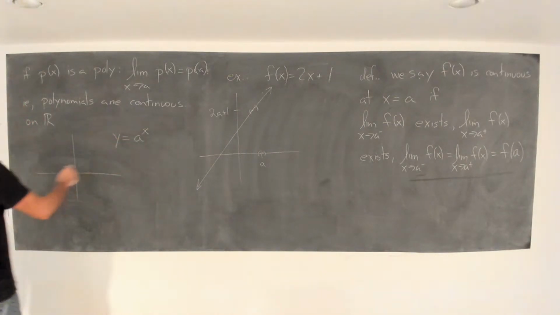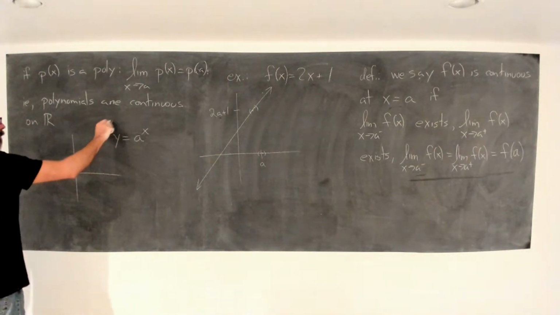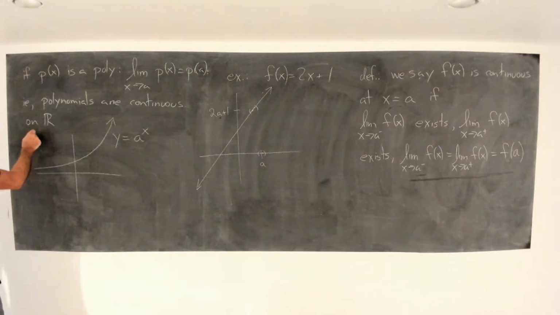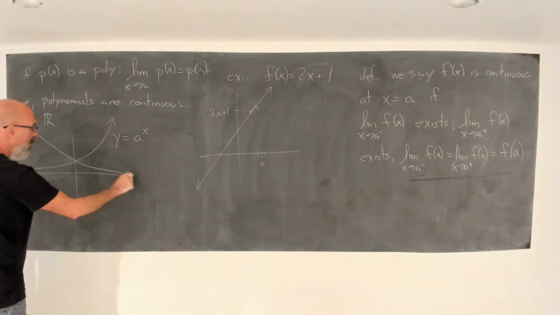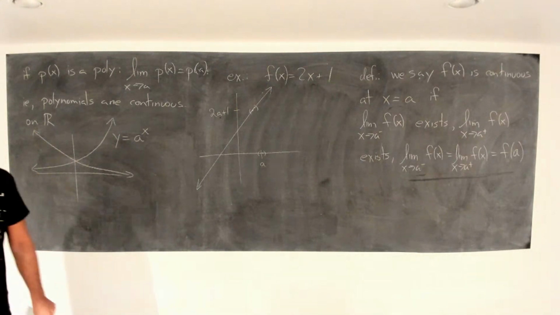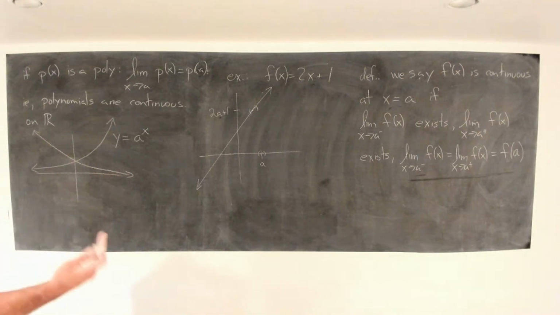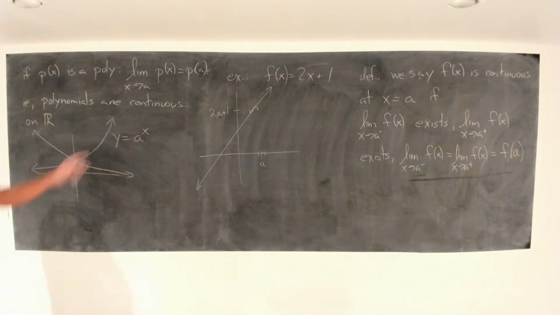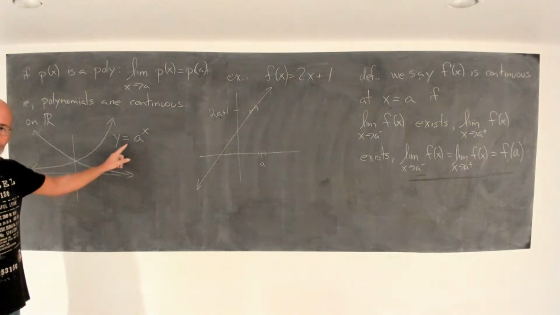Exponential functions, y equals a to the x, well, you know what the graph looks like. It either looks like this, or it looks like this, but either way, you can graph it without lifting the pencil from the paper. So exponential functions are continuous.